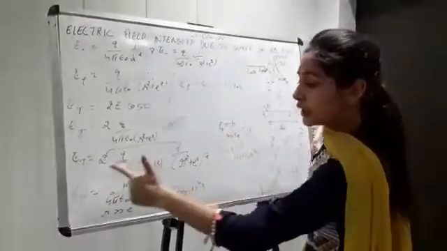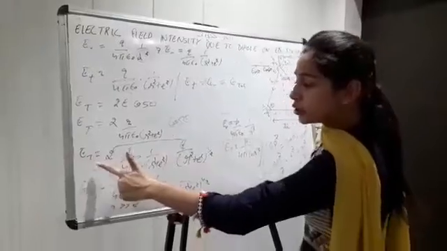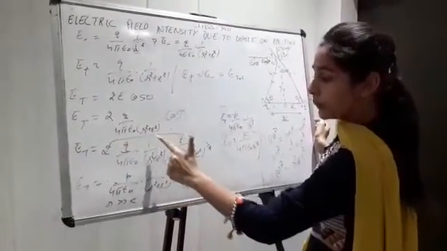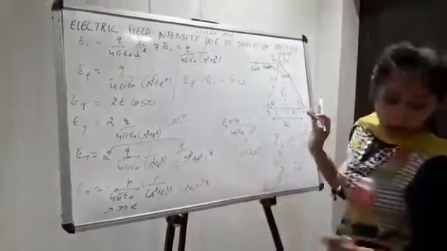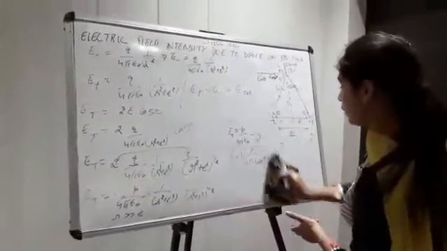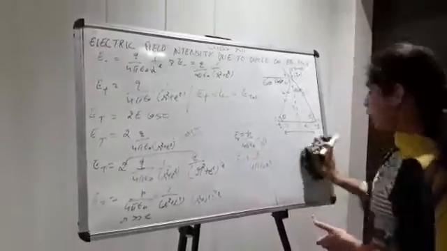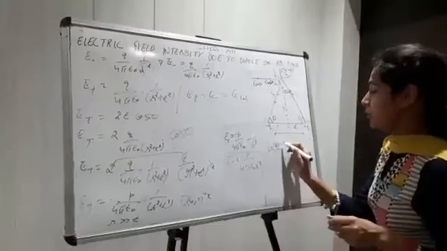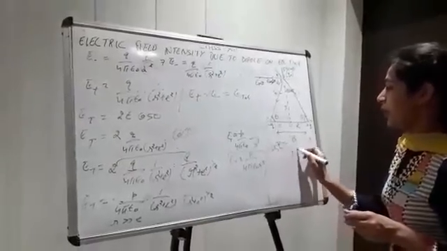So by proceeding we can see this thing. E total is equal to 2 q upon 4 pi epsilon naught into 1 upon R square plus L square. Now cos theta. As we know from trigonometry, cos theta is equal to base upon hypotenuse.